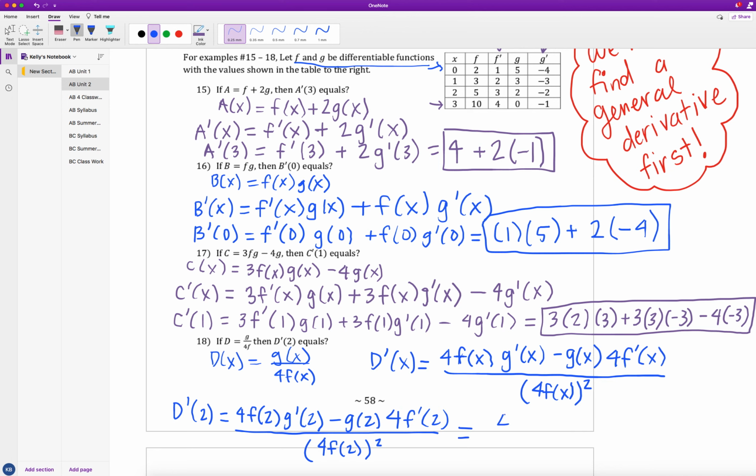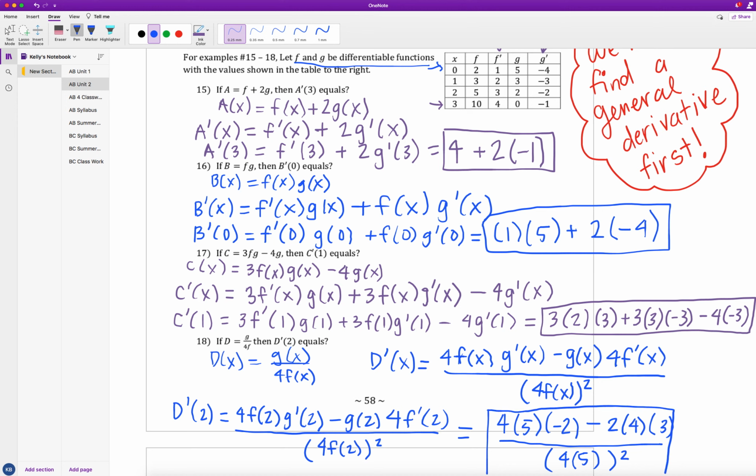Okay, so we have the 4, f of 2 is going to be equal to 5, then g prime of 2 is equal to negative 2, minus g of 2 is equal to 2, times that 4, times f prime of 2 is equal to 3, all over 4 times f of 2, which was that 5, and that whole thing is squared. And that right there is our entire final answer.